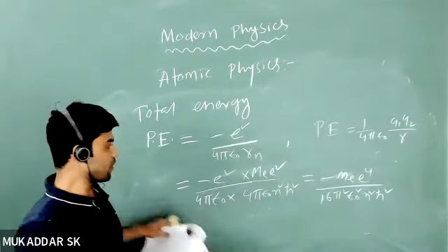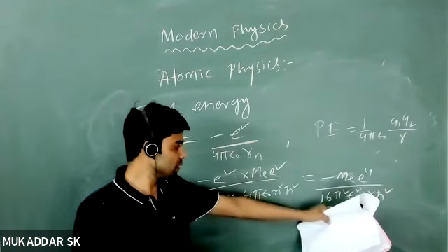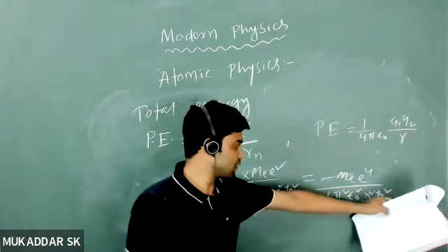So the potential energy of that electron is minus m e to the power 4 divided by 16 pi square epsilon naught square n square h cut square.